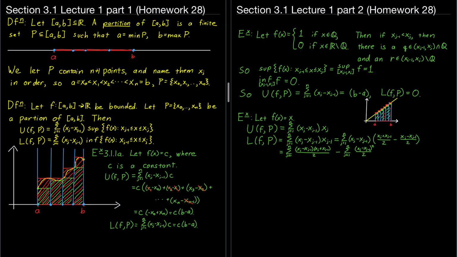And then this first term, we see we've got a difference of squares. We've got an xj squared minus an xj minus 1 squared all over 2. And then our leftover term is going to hang out.